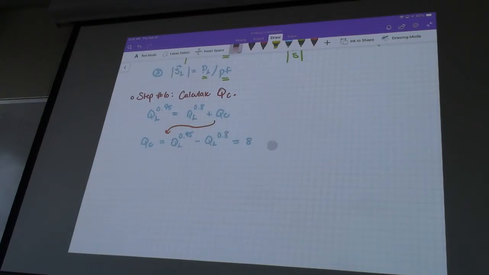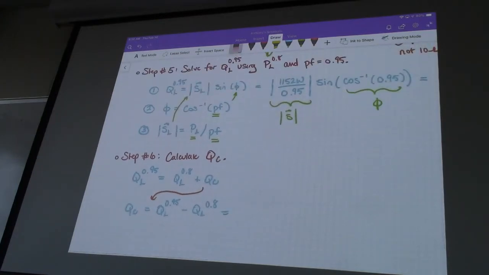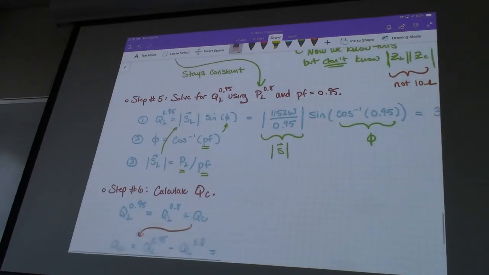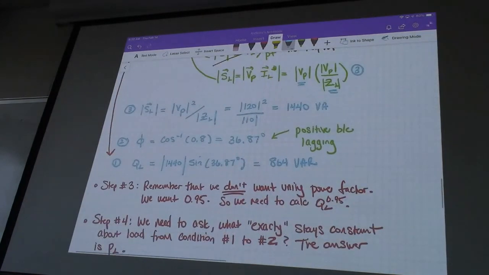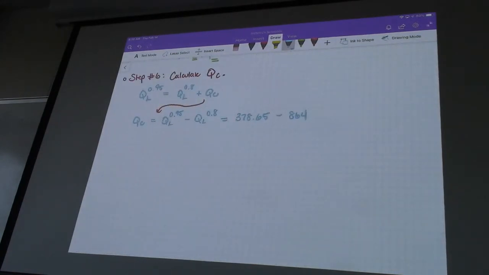All right, so now what we have is, where's that value? 378.65 minus 864 var. And what we end up with is a QC value of negative 485 var.